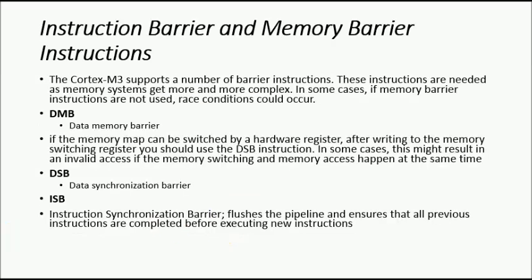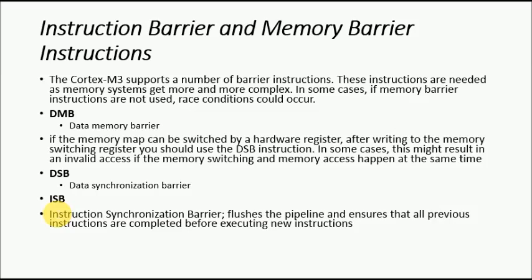Barrier and memory barrier instructions. In case of the Cortex-M3, it supports a number of barrier instructions. Mainly there are three: DMB, data memory barrier, DSB, data synchronization barrier, and ISB, instruction synchronization barrier.